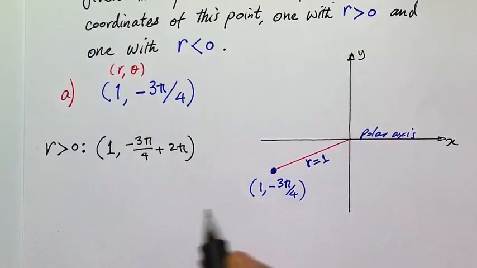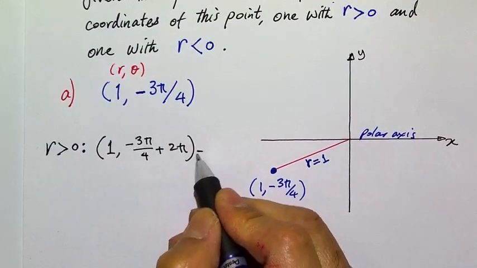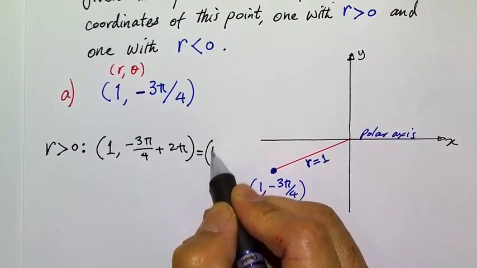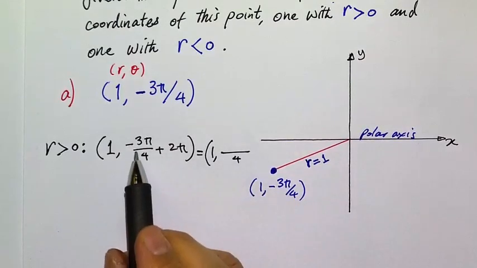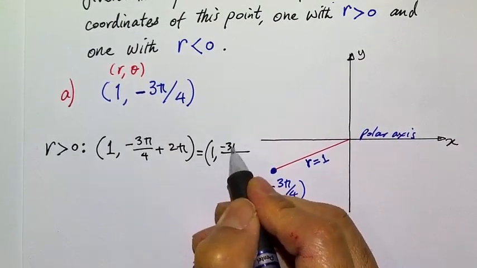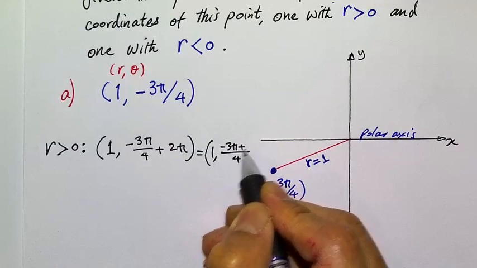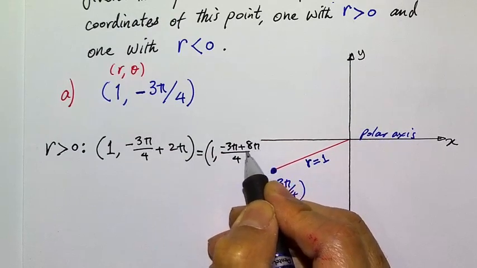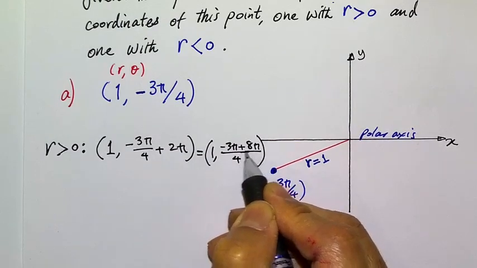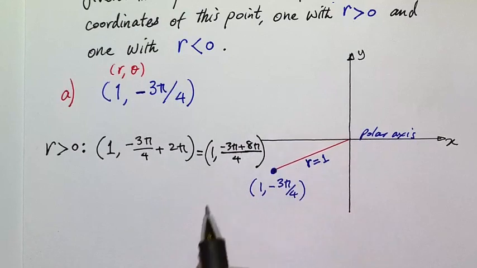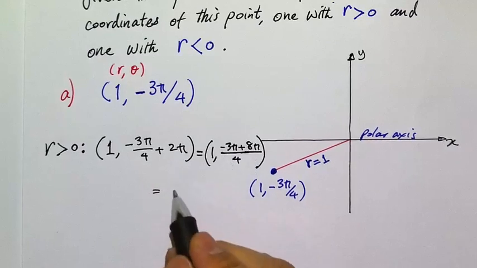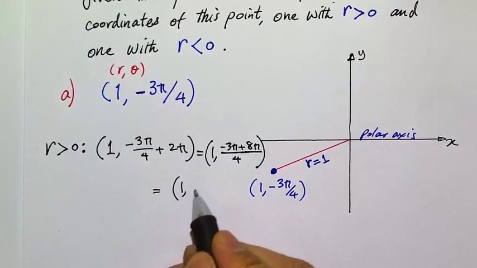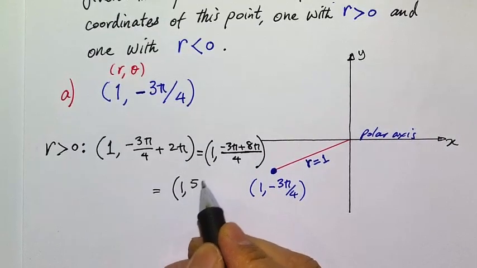So then we have 1, and then the common denominator is 4, and we have minus 3 pi plus 8 pi. Okay, so we can simplify: 8 pi minus 3 pi is 5 pi over 4.